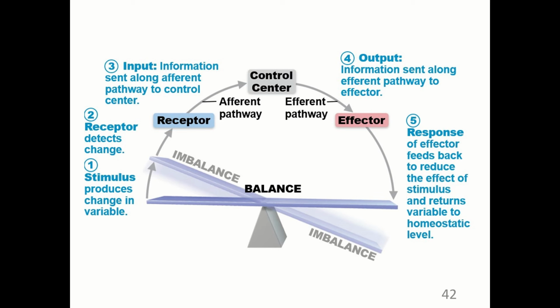The receptor then sends that information to the control center, such as the brain. And the brain decides the outcome and sends that information to the effector. The effector carries out the response, such as seen in a muscle or a gland.